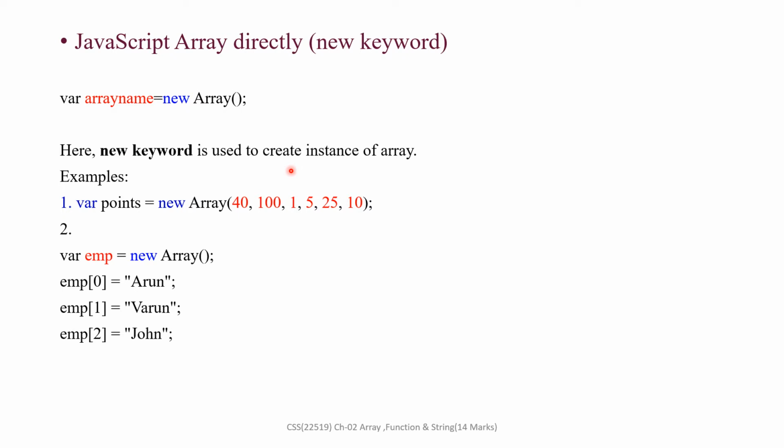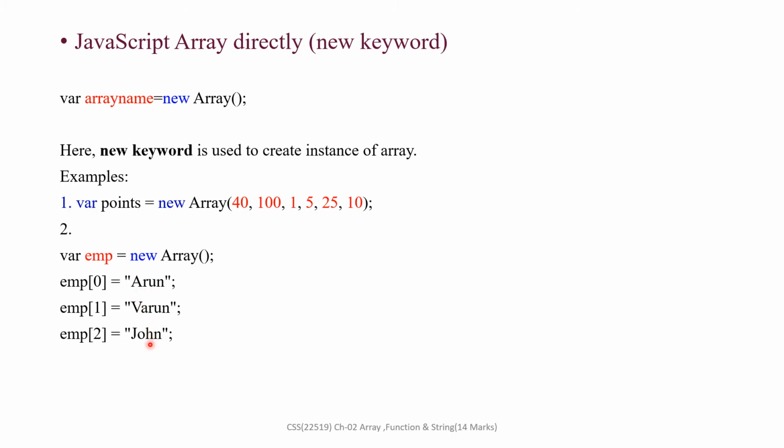For example, var points equals new Array, and these are some numeric values. And second example is var emp equals new Array, and emp0 equal to Arun, emp1 is equal to Varun, emp2 is equal to John. In the first example, we see that all the values are numeric values, and in the second example, these values are string values.